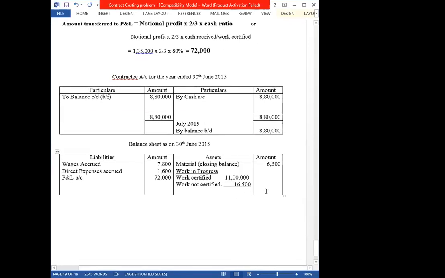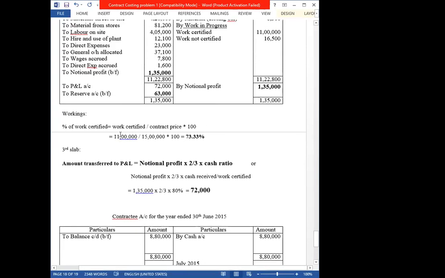How much is it coming? The total is 11,16,500. What is the next item? Next you are going to deduct two items. One is reserve, another one is cash received. So reserve, how much is the reserve? You can subtract first cash received, then reserve, no problem at all.